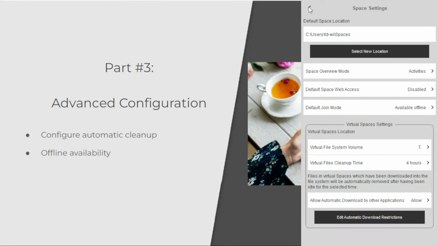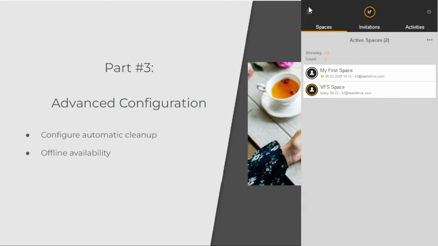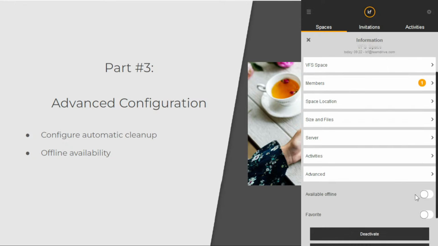And an important final tip when it comes to automatic cleanup, if you want the automatic cleanup to work, do not mark your virtual file system space or folders within that space as offline available. That would be to use this button here, enable offline availability, or on the info page, if you go here and enable the offline availability.